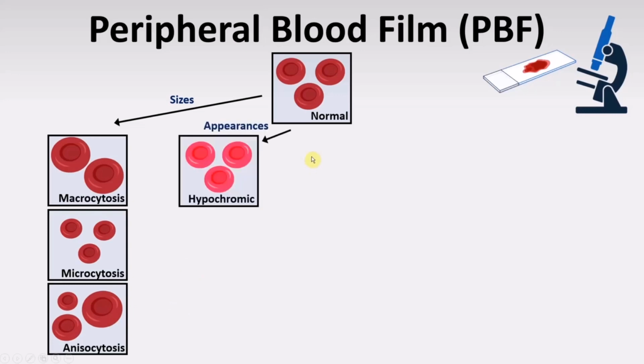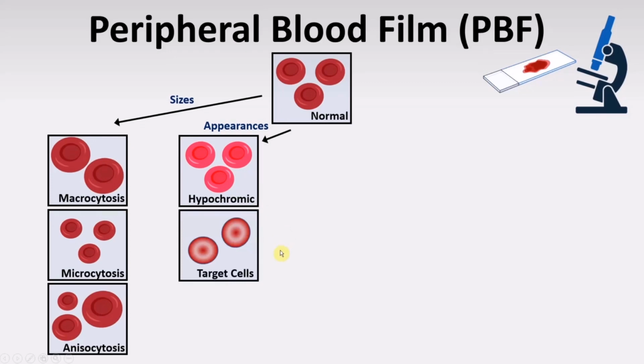We can actually also look at the appearance of the red blood cells itself. Of course, we have learned hypochromic red blood cells. So when there's insufficient red blood cell hemoglobin, that's when hypochromicity can be seen. We can sometimes also see other types of red blood cells.